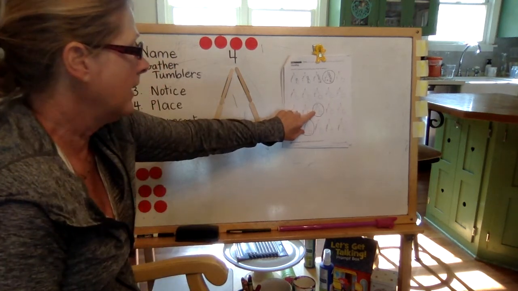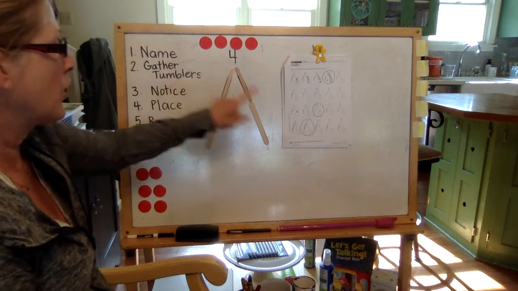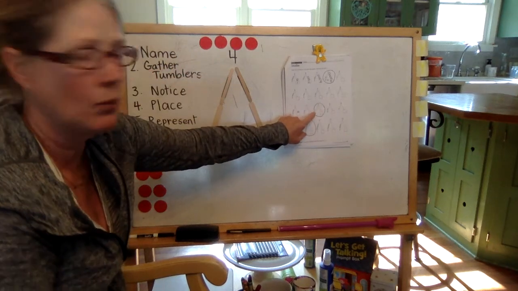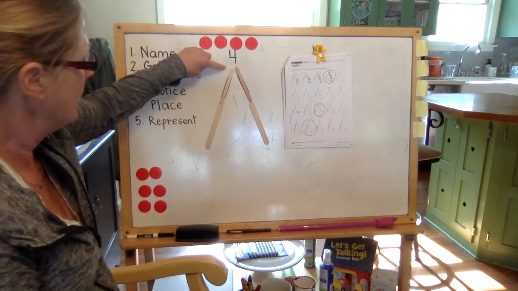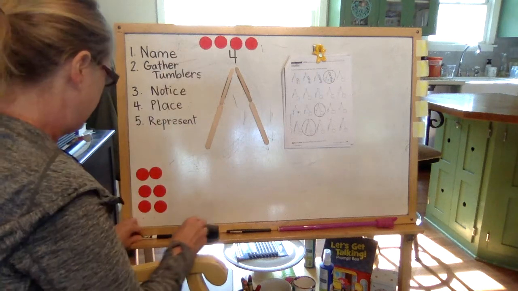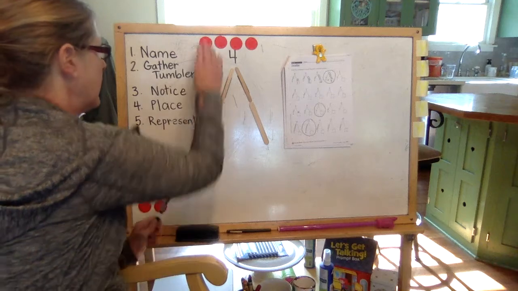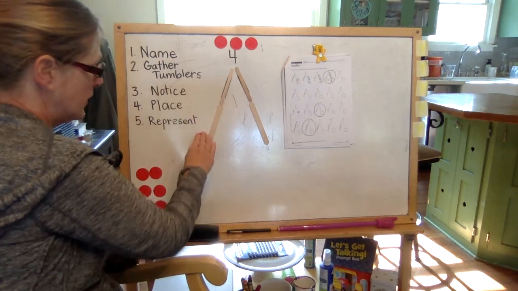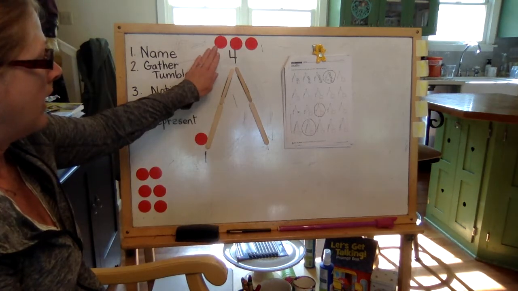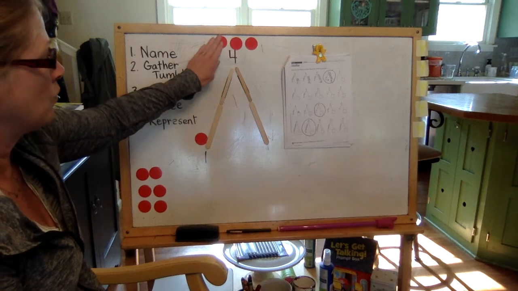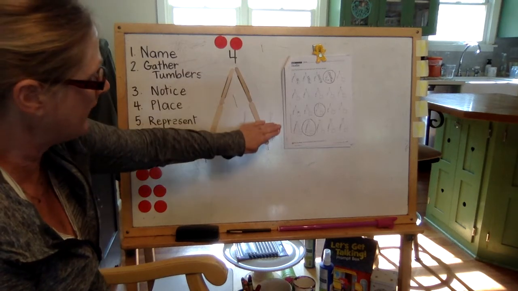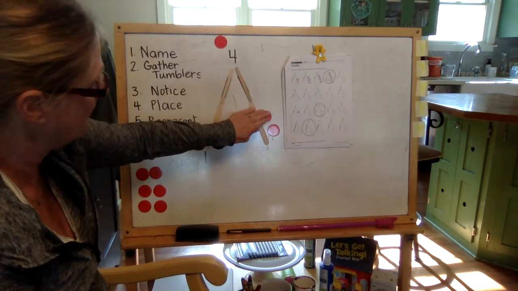And then after we gather, we're going to notice how many went down this side. The answer is 1. Only 1 tiny tumbler tumbled to the left. And I notice 3 left. 1, 2, 3. All 3 go down the other side.